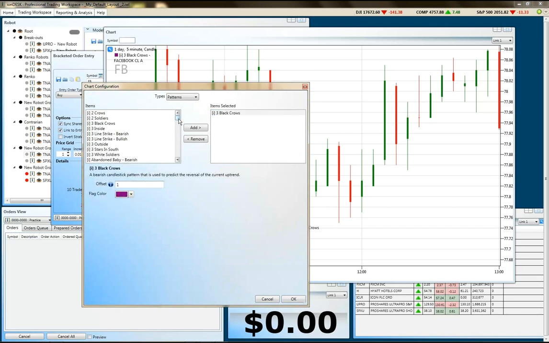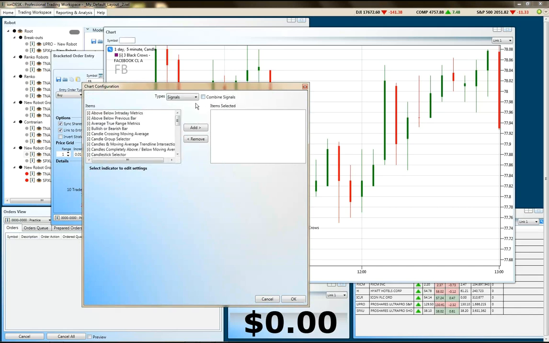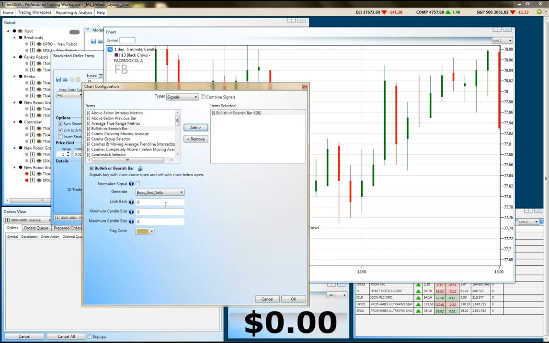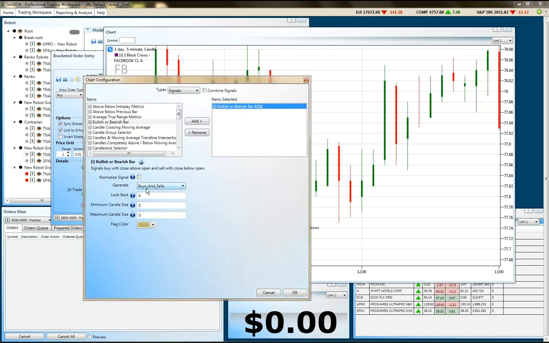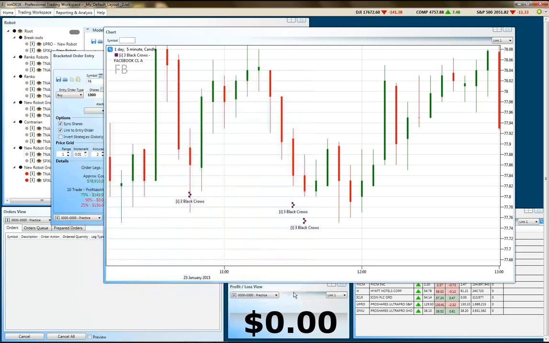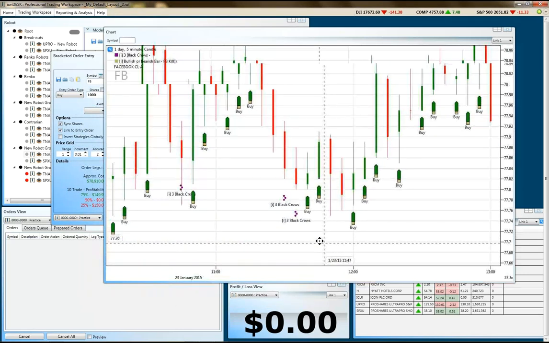But what we want to do is make sure, and this isn't going to combine the way that I want it to. We're going to say bullish or bearish bar. Basically this is saying, is the bar green or is it red? We're just going to say generate greens, and what you would do in your strategy is combine them. So now look at this.